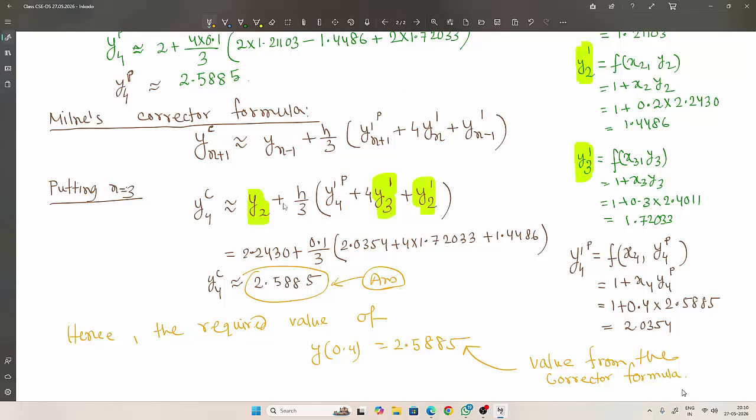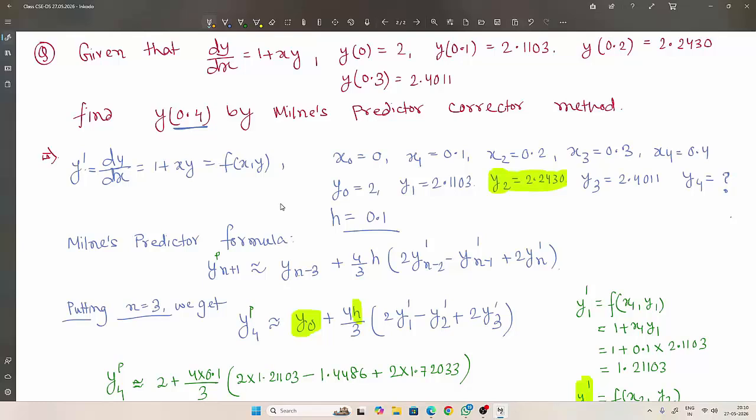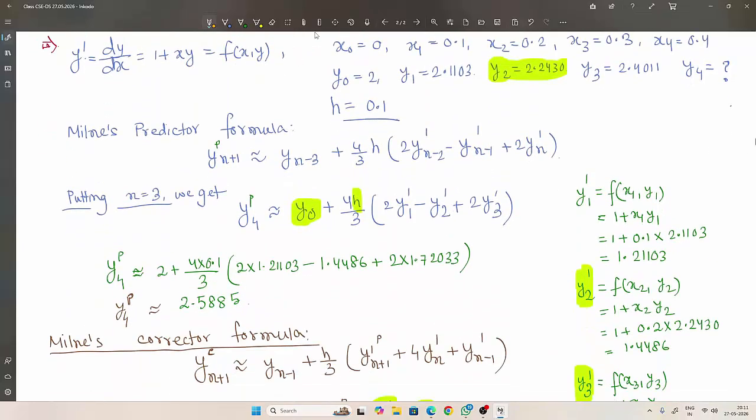Now, if your function is complicated, then you may have problems in your calculation. Till now your function was a linear function, so it's not a very difficult thing. But suppose instead of 1 plus xy, the problem comes with dy dx is equal to x plus y by x minus y.